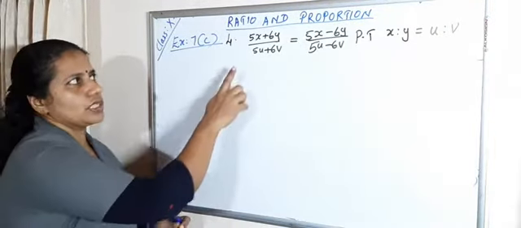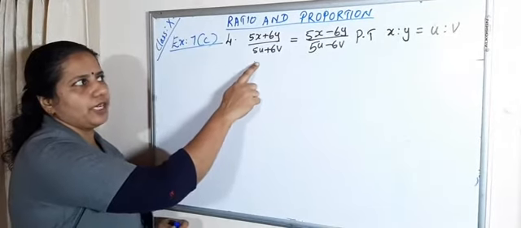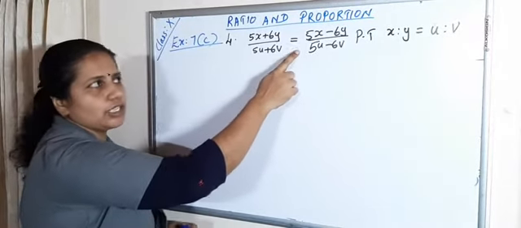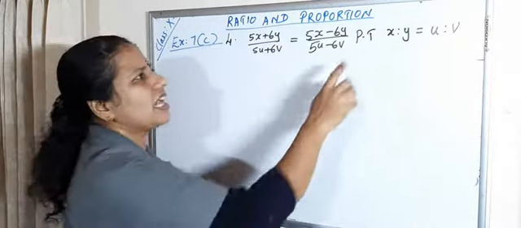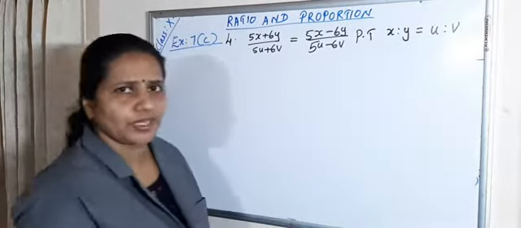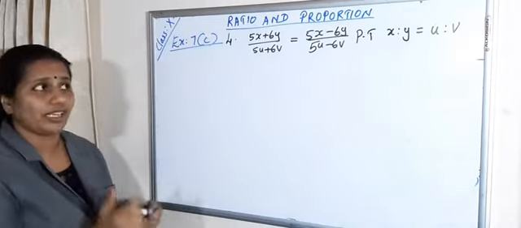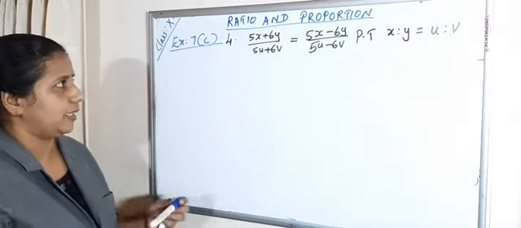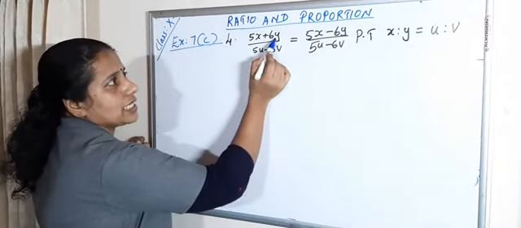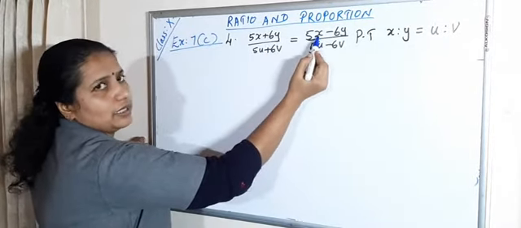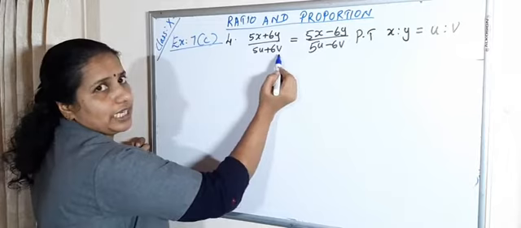Next, fourth question. (5x + 6y)/(5u + 6v) equal to (5x - 6y)/(5u - 6v). Prove that x is to y equal to u is to v. Look here. This is 5x and y, but in this case u and v are there.